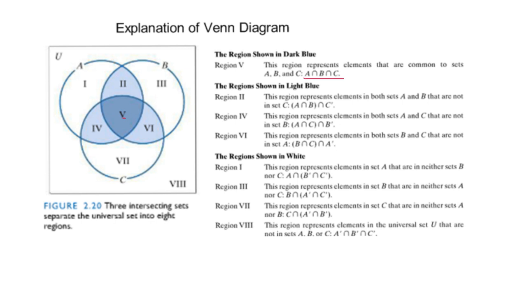All right, and you can go through each of these. What's important to know about this is when you are completing a Venn diagram, you're making your own Venn diagram and everything is empty, the first place you want to start is with region 5 and fill that in first. The next thing you want to do is to go out to the little petals, we call those petals, region 2, region 4, and region 6.